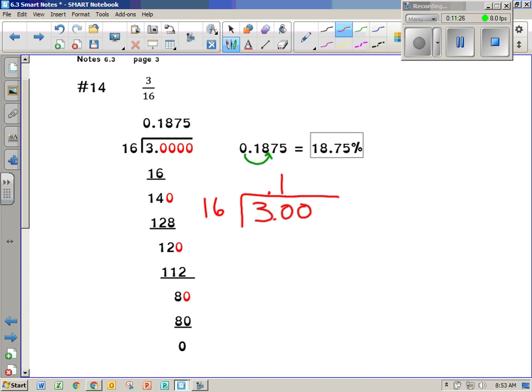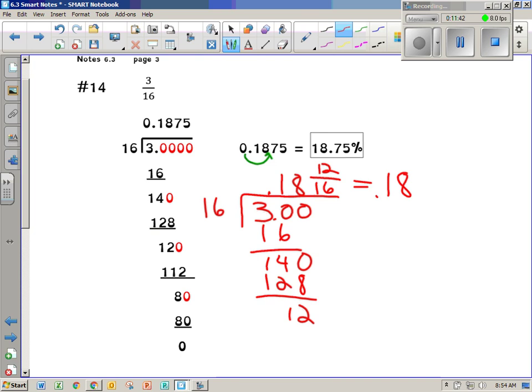And so I'd have 1, 8, and then I got 12. And then I could just stop and take my remainder and put it over my divisor. Well, 12/16 is 3/4. If you divide top and bottom by 4, and then you shift the decimal, you're still going to get the same result. It's okay if I have 3/4 instead of 0.75. So just an option right there.